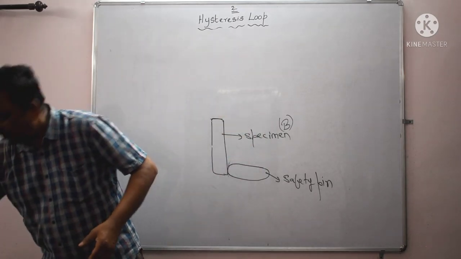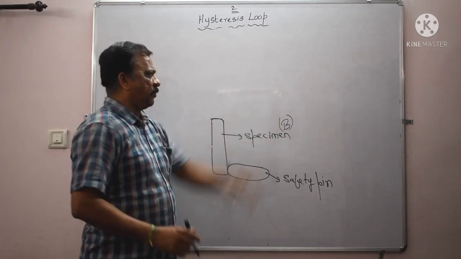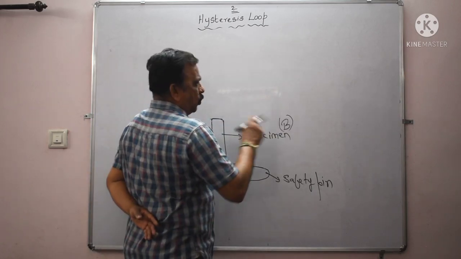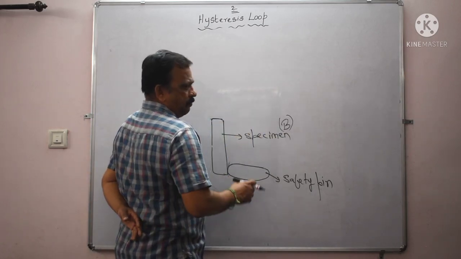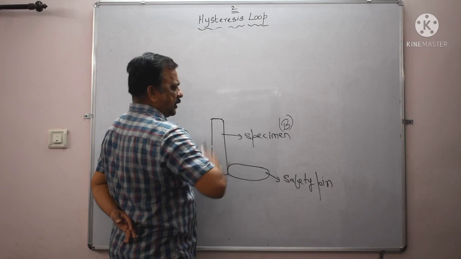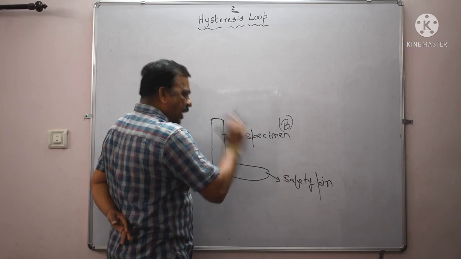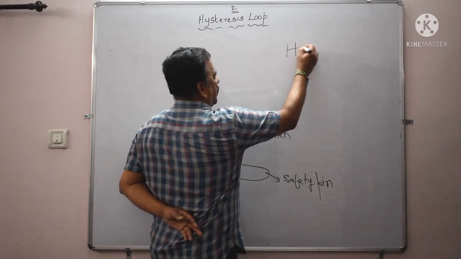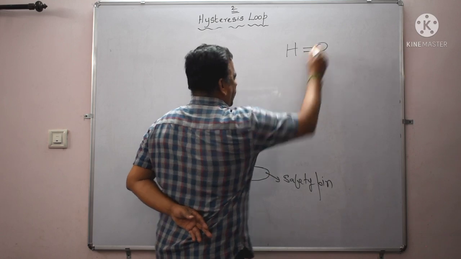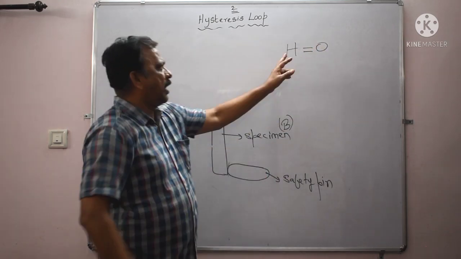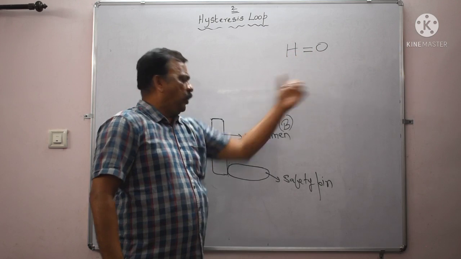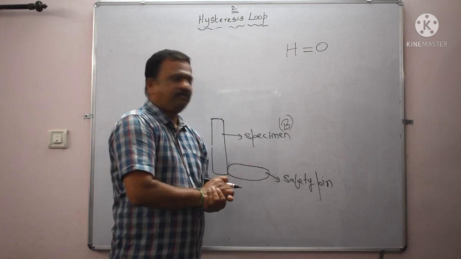The specimen is no more within the magnetizing field, so the magnetizing field to which the specimen is subjected will now be 0. By removing the bar magnet away, I am nullifying the magnetizing field.